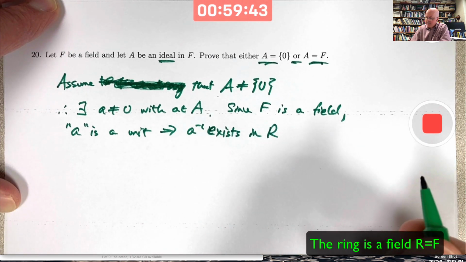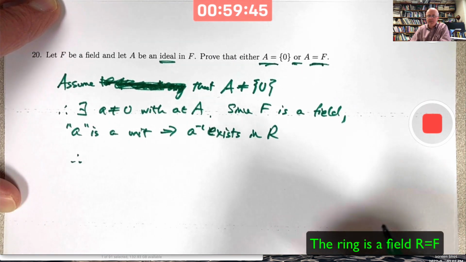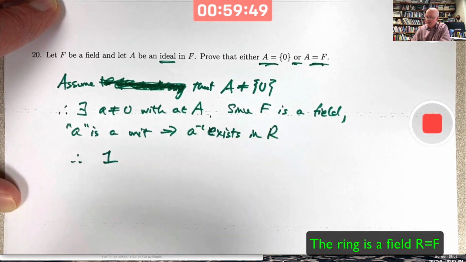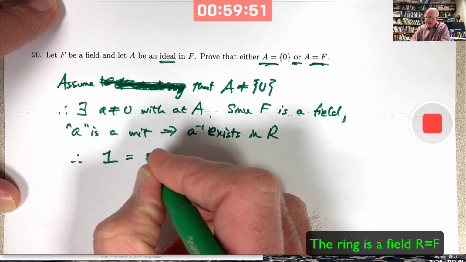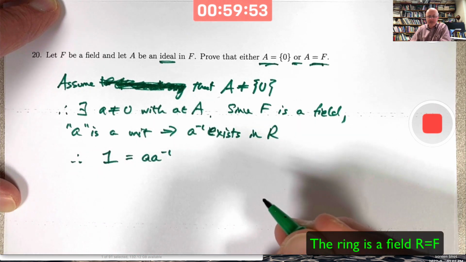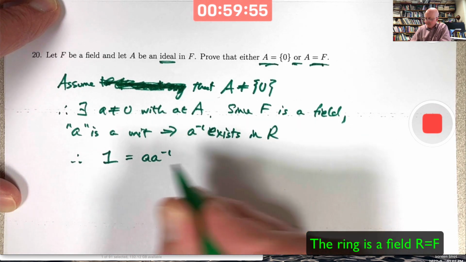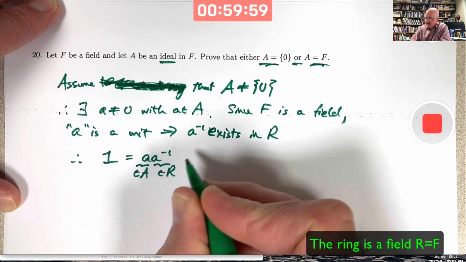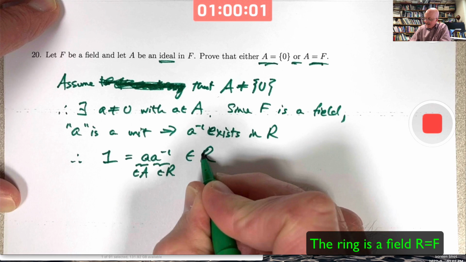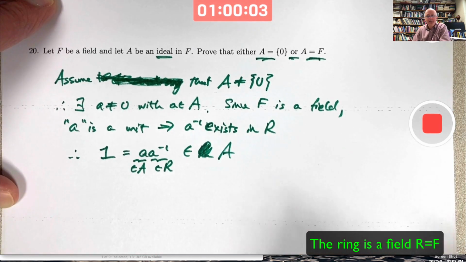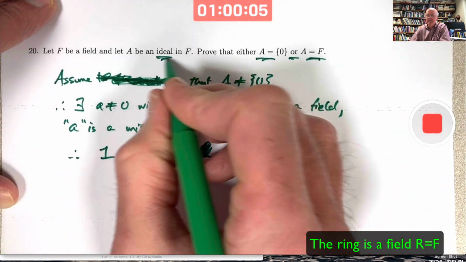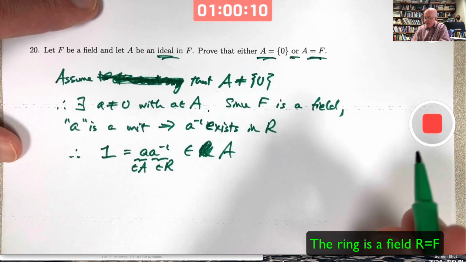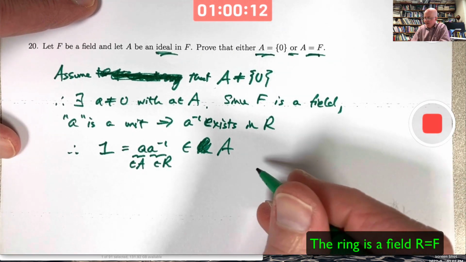And what does that mean? Well, a times a inverse is 1, right? We are talking about the multiplication here. And wait a minute, the ideal is superclosed. This is in A and this is in R, therefore the product is in R. Or excuse me, in A. A is superclosed because it's an ideal, and superclosed is my terminology. So we have just proved that 1 is in A.